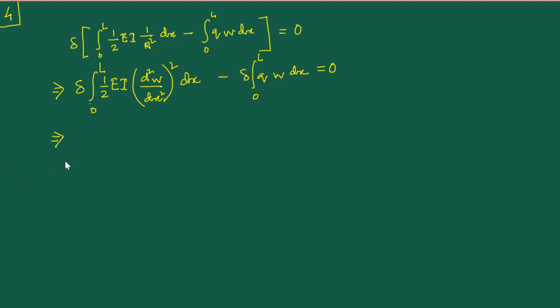All right, now we carry out the simplifications involving the first variation. Let me write down the steps. I hope you are able to follow it. I'll do it step by step.